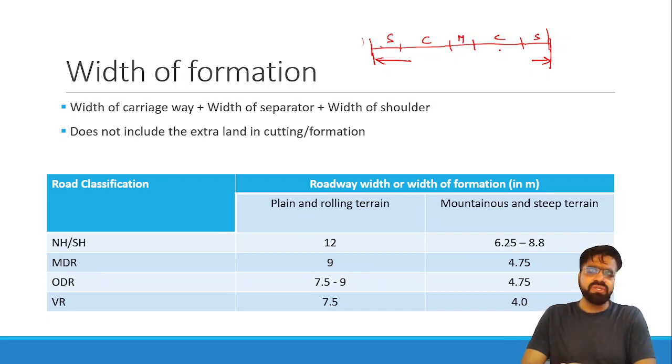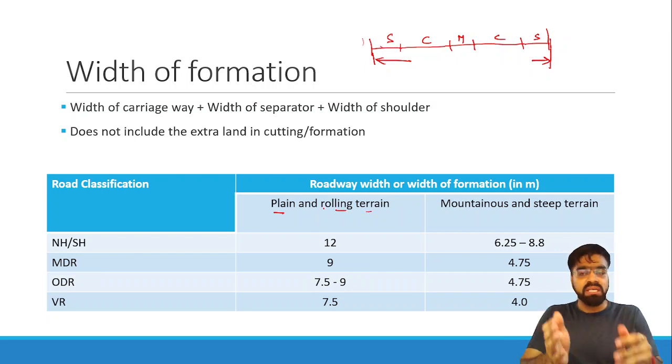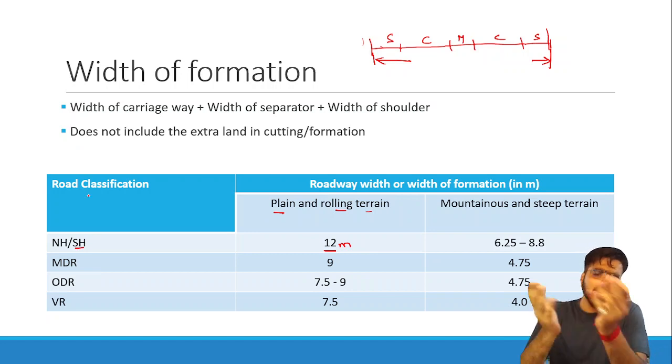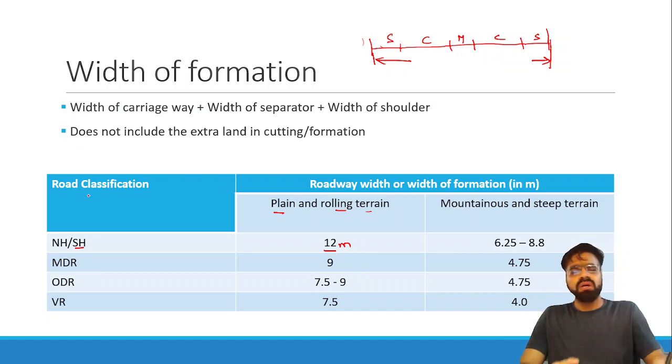For national highways and state highways, for plain and rolling terrain, the roadway width or the width of formation can be provided as 12 meters. For state highways, where there is no chance of expansion in future, this roadway width can be reduced to 9 meters.